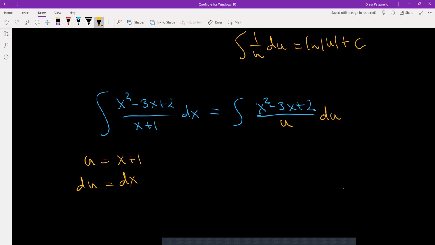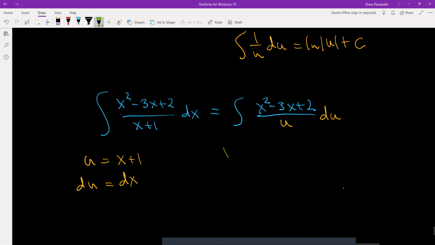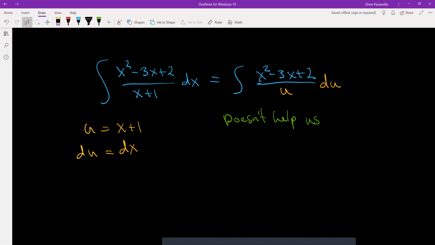So this doesn't help. I made it more complicated because now it involves 2 variables. That doesn't help us. So then the next thing I might ask is there another type of substitution I could try?